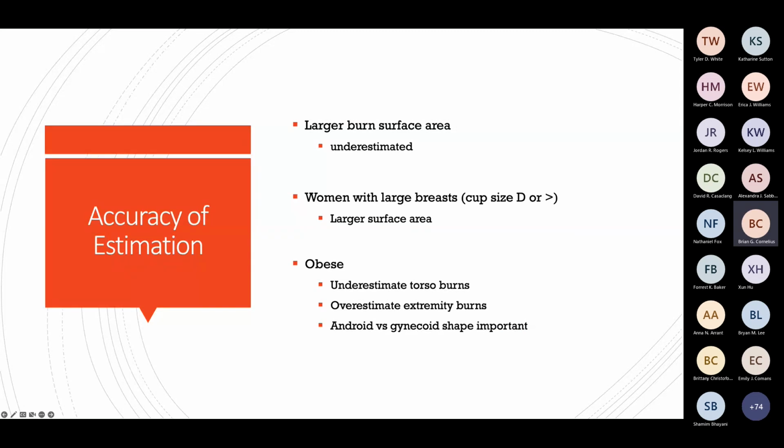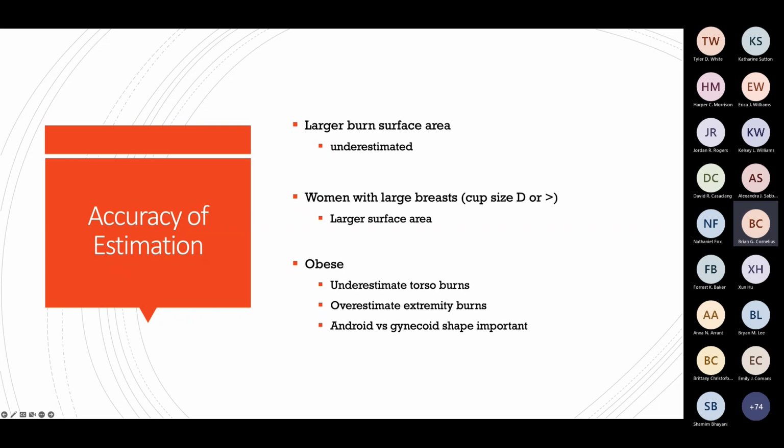So problems you run into: if you have somebody with a very large burn surface area, we tend to underestimate that. Specific areas that we get into trouble with: women with large breasts have a larger surface area of their chest, which is not accounted for in the estimation formulas, especially if you're using the rule of nines.